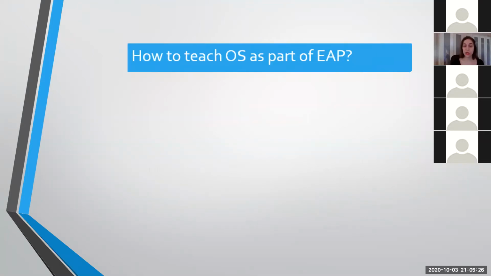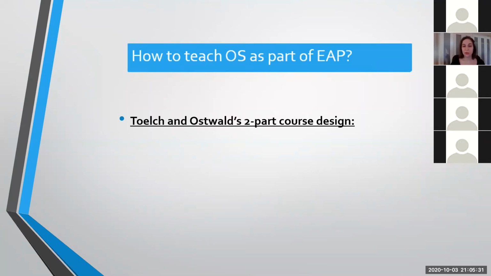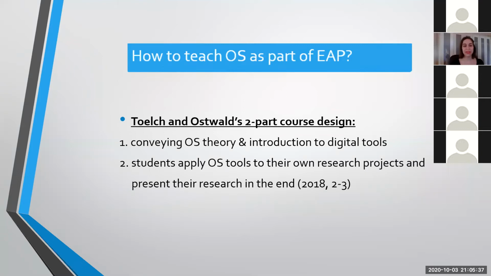Now, how do we teach open science as part of EAP? This is the two-part course design by Tölchen and Ostwald that I wanted to discuss. It's fairly simple, but extremely effective. So in this course design, the first step would be to convey open science theory and a short introduction to digital and open access tools to students.